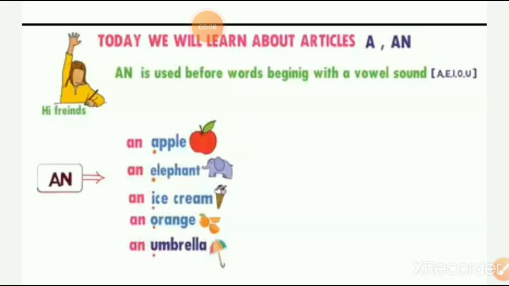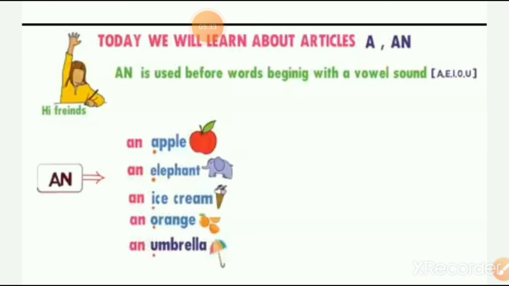Now let's revise again. Today we will learn about articles a and an. Here, an is used before words beginning with a vowel sound: a, e, i, o, u. So here are some examples, students: apple, elephant, ice cream, orange, umbrella.